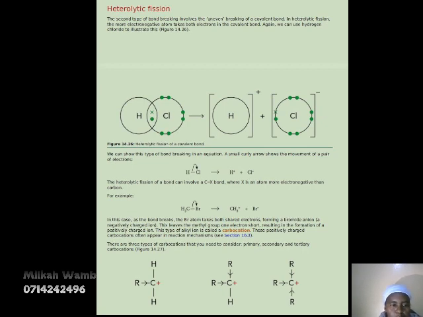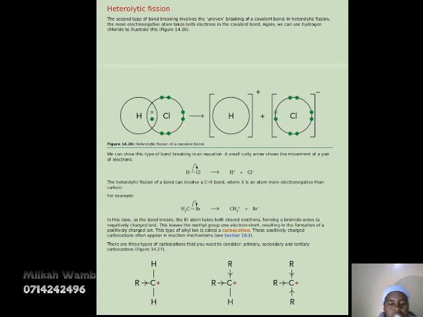The bromide takes both of the electrons forming the bond, forming an anion, which is a negatively charged ion, and that leaves the carbon. It leaves the methyl group one electron short. Now it's electron deficient, and therefore it forms a positively charged ion, which is called a carbocation.